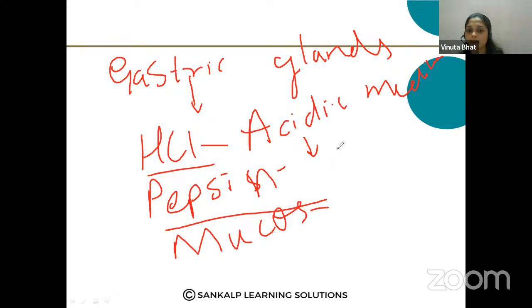So this pepsin acts on the protein. So protein digestion takes place with the help of the pepsin.